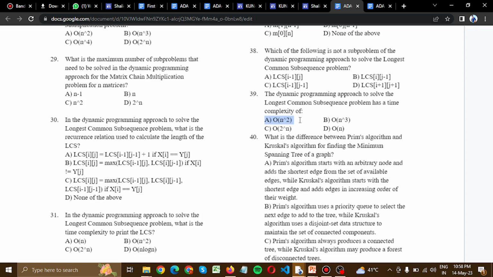The time complexity of each cell is big O(1), and there are (n plus 1) times (m plus 1) cells in total. So the time complexity of the algorithm is big O(n square).